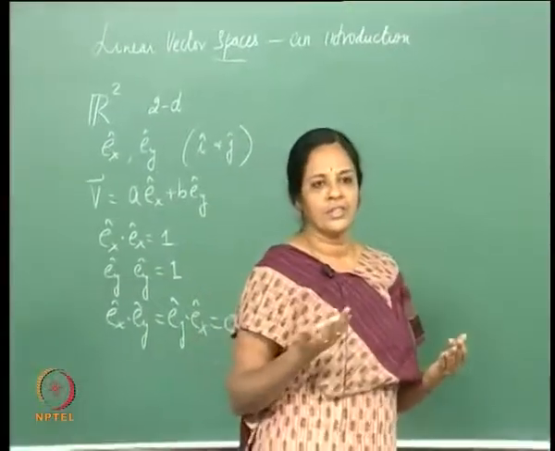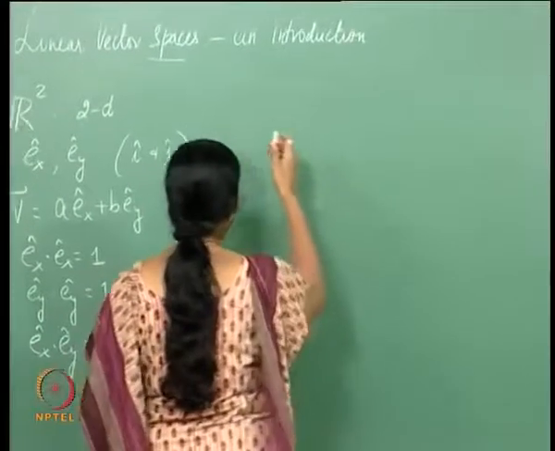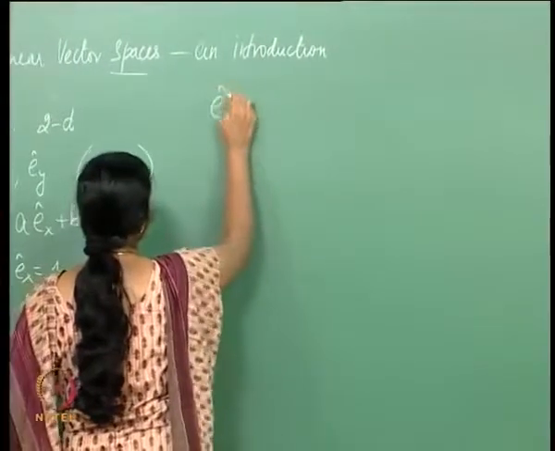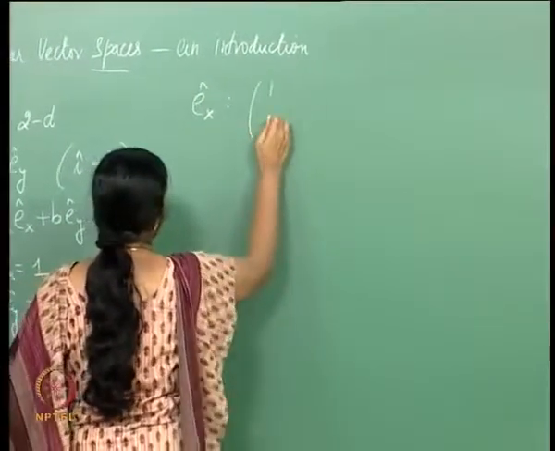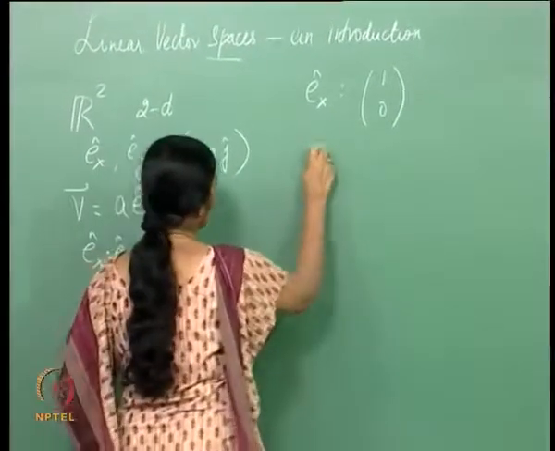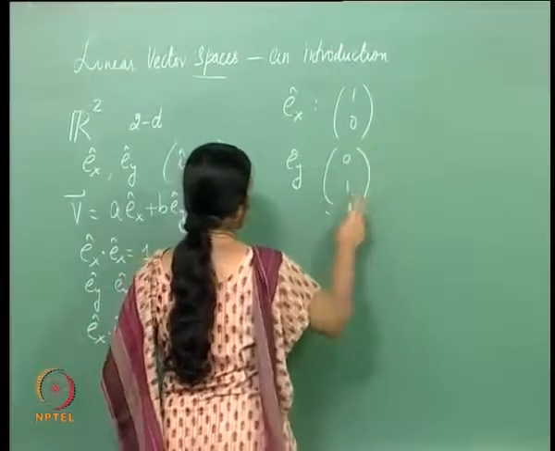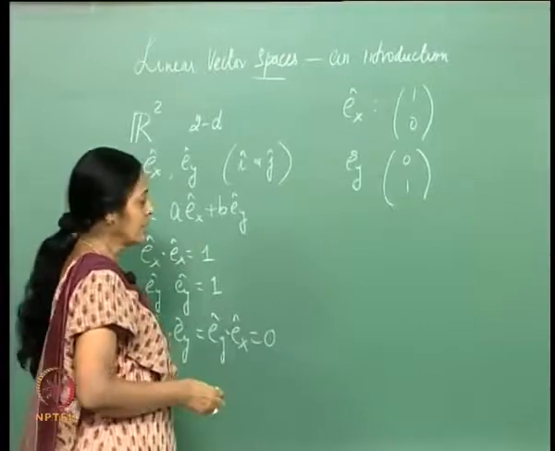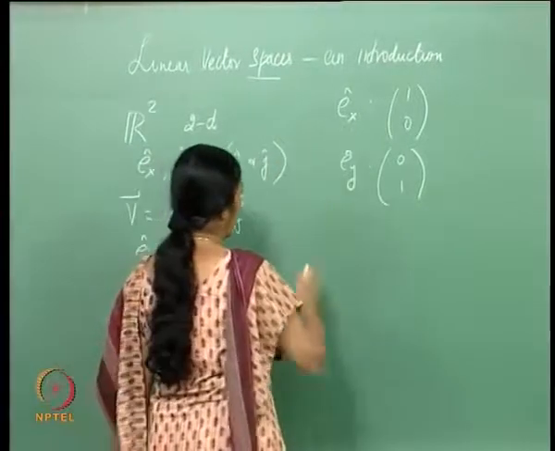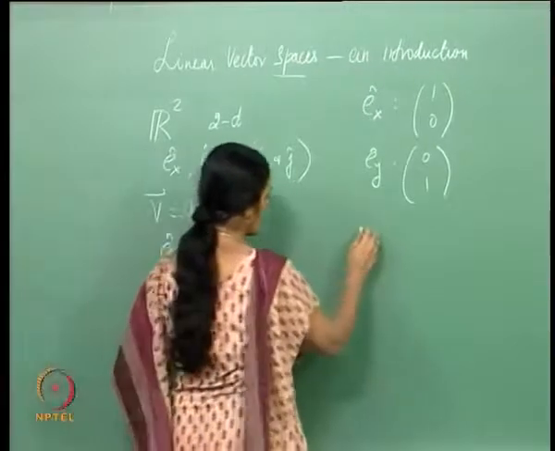I could give a different notation. I could say the following: represent Ex by the column 1 0 and Ey by the column 0 1. Now if I did that, how do I generate the number 1 from this?